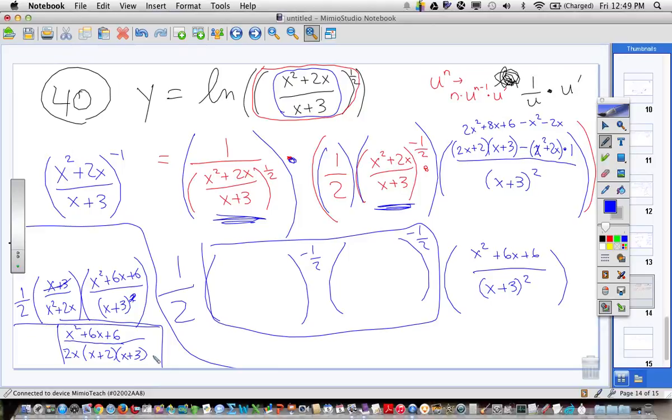Let's see if that isn't what the calculator is. Is that what it is? x squared plus 6x plus 6 over 2x, x plus 2, x plus 3. Yep, that's what we got there in the bottom corner. Okay? What's on the calculator?